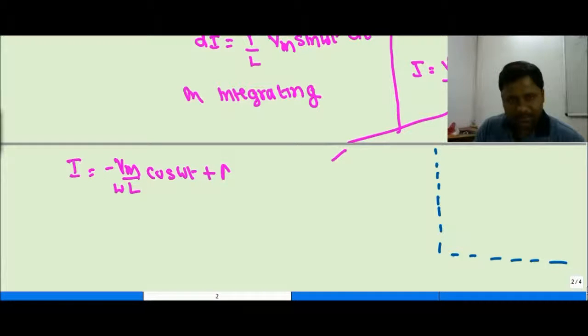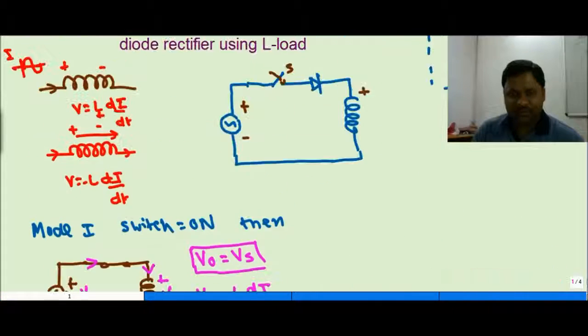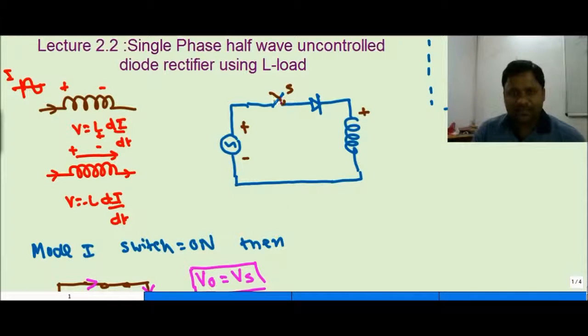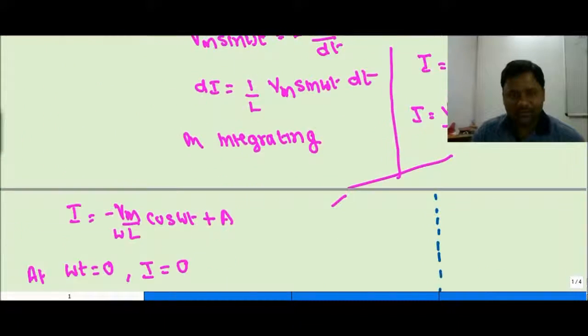At the start, omega t equals 0, the load current becomes 0. At omega t equals 0, the switch is off, which means no current is flowing in the inductor. So this is the condition we are going to use.